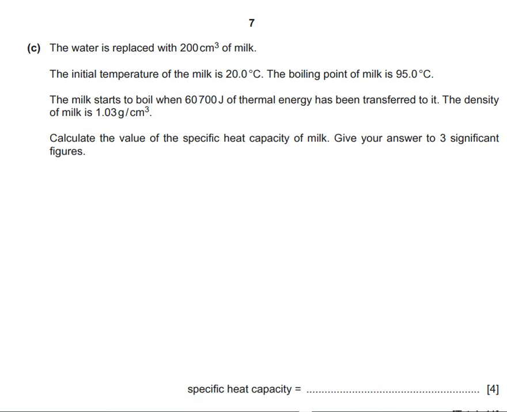So let us first obtain the mass of milk. Mass is equal to density times volume, which would be 1.03 times volume, which is 200, and you'd be able to get mass as 206 grams.